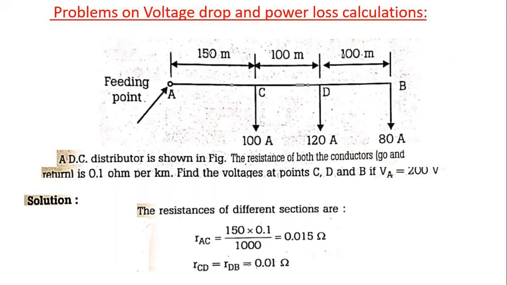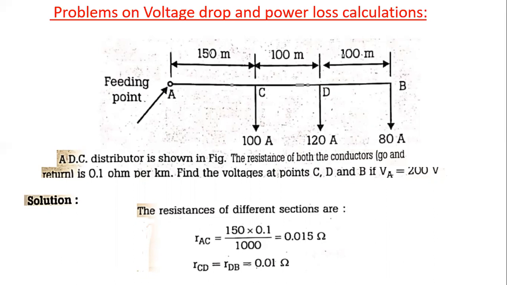We should remember the formulas: the active power, the reactive power, the apparent power, and the voltage drops at the various sections. That is the distribution fed at one end, the distribution fed at both ends, and when the ring main distribution system and the AC distribution system are there.